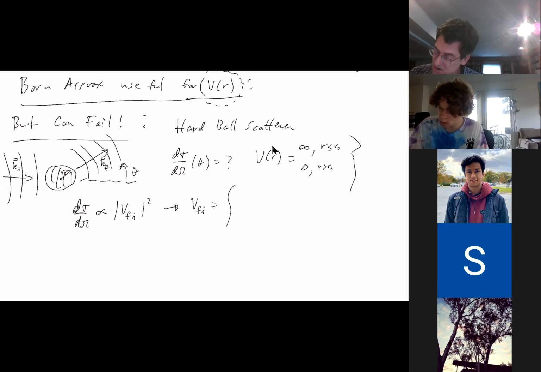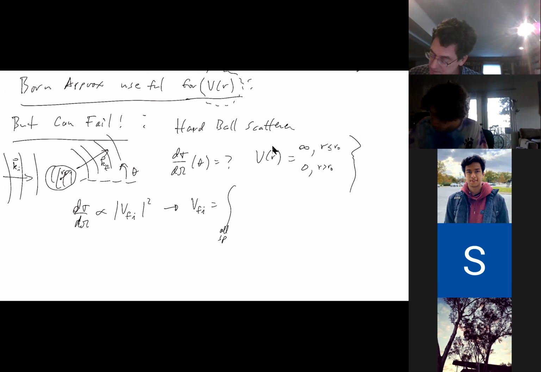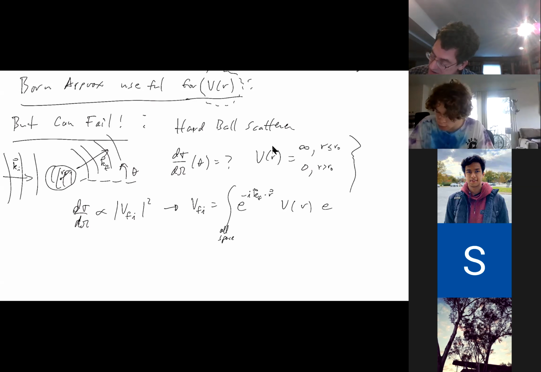That's going to be the integral over all space of the final state, e to the minus i k_final dot r, that's the final wave, times the potential times the initial wave, d cubed r, right? So that's what we've got to find, just like we did for the Yukawa potential.